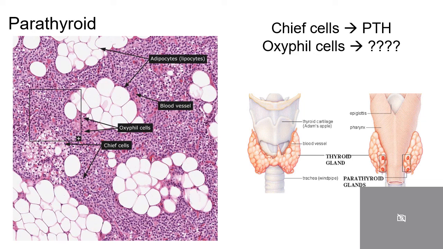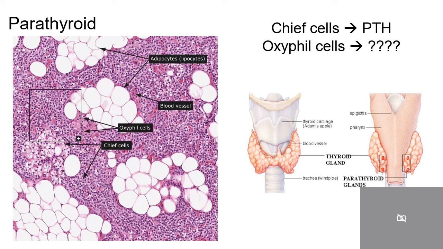As mentioned on the previous slide, the parathyroid gland is found within the thyroid gland. This odd organ is organized into a series of secretory clusters with different cell types. The larger and lighter oxyphil cells are a mystery in terms of function.